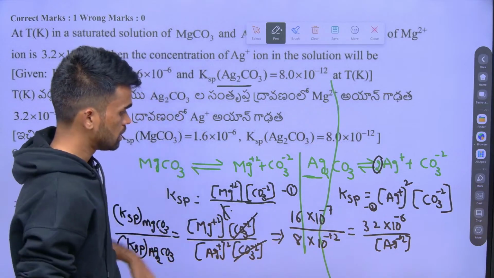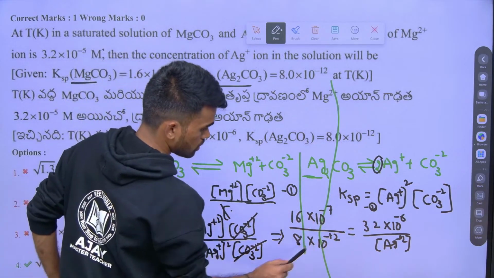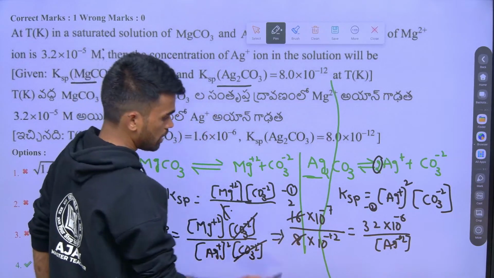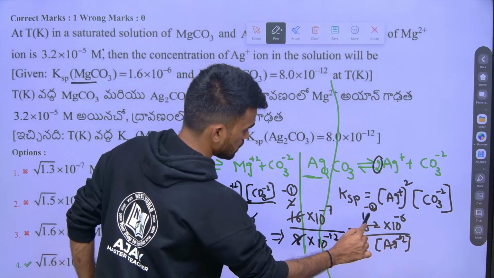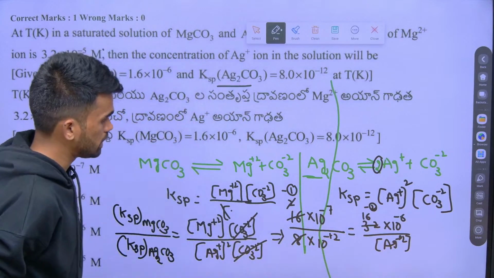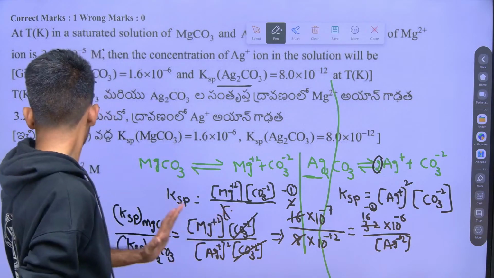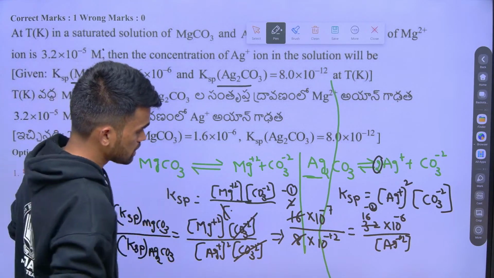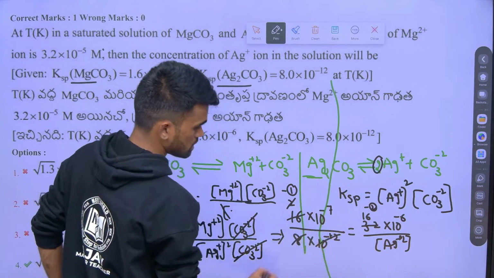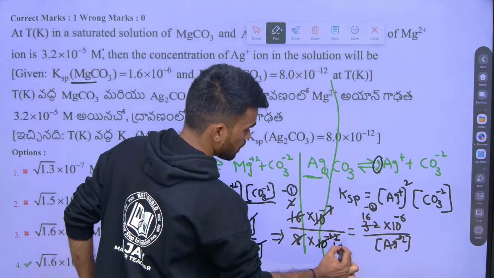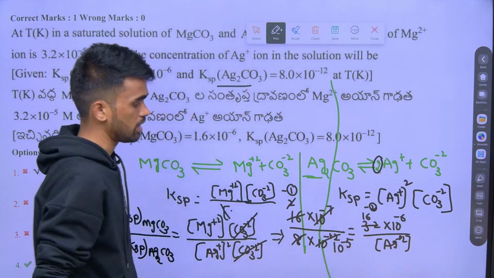So look here, simple calculation this is. Now I am removing this 2 times, and these 2, and here it is 16. I hope up to here there is no confusion. After this, 10 power minus 12 is there, 10 power minus 7 is there. So I can write here 10 power minus 5 is still remaining, right?